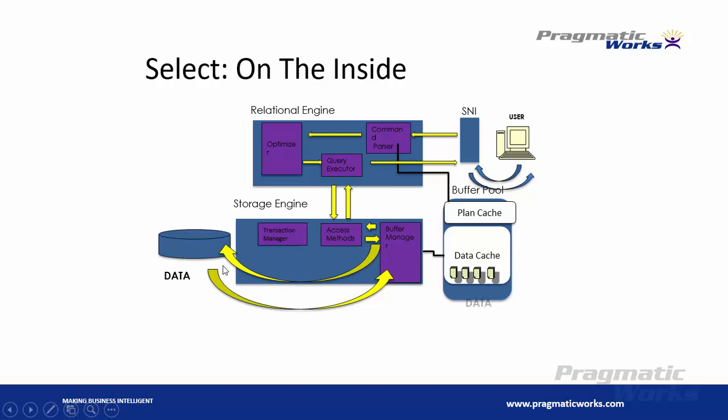If our disk is too slow, then data being returned to the buffer manager could take a while, and this could also cause our query to be slow. Knowing all the internals of a select statement gives you an idea of where to look if your query starts becoming a little bit slow.